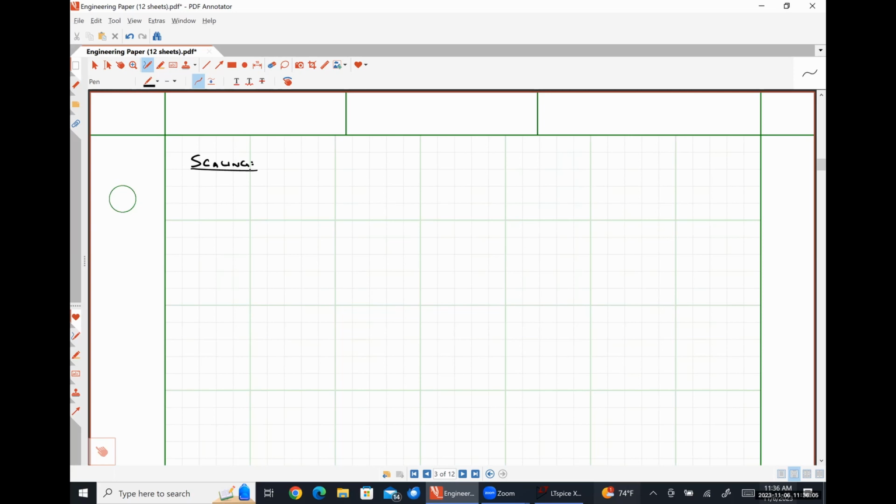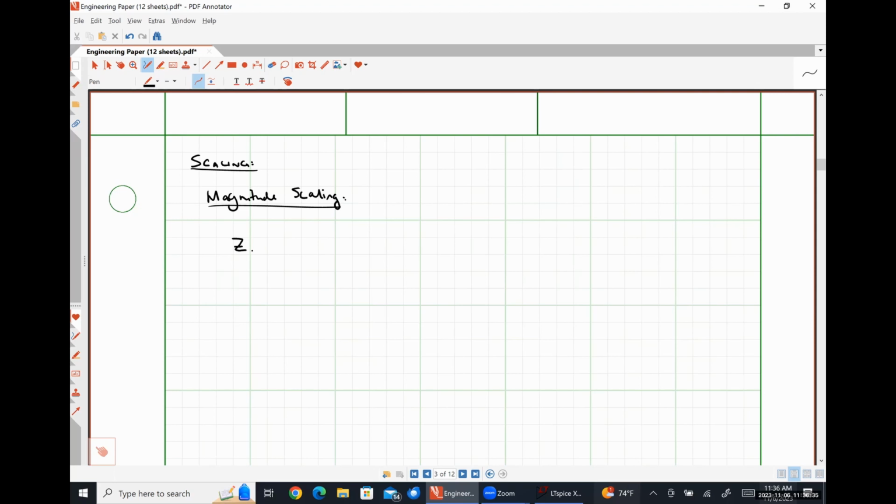Okay, so let's start by looking at magnitude scaling because it's a little simpler to understand. In magnitude scaling, our goal is to literally just increase the impedance of our elements while leaving the frequency completely constant, okay?